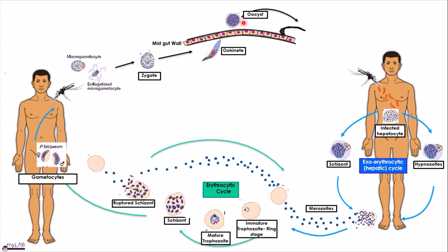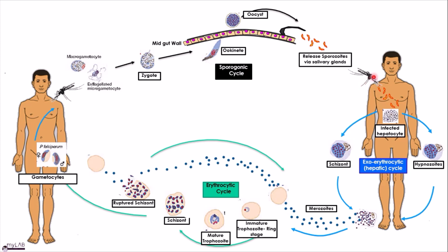And this now will travel to the salivary glands of the mosquito, and now, of course, release sporozoites, and the cycle continues by the mosquito biting another new non-infected individual.